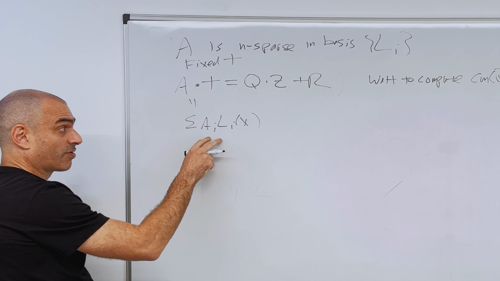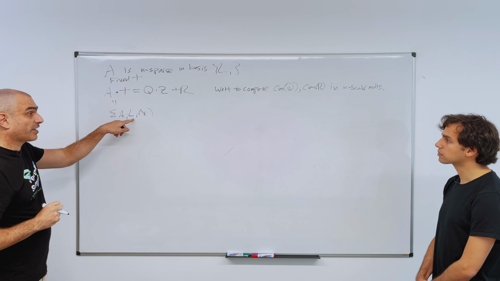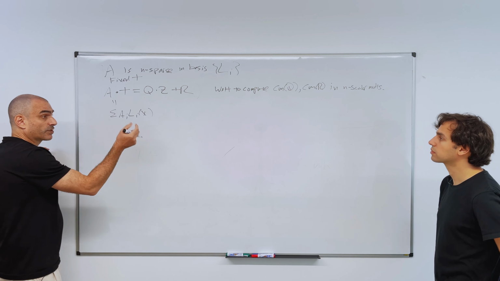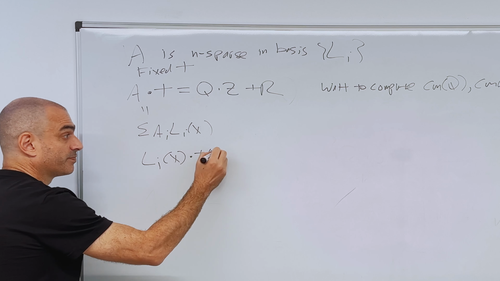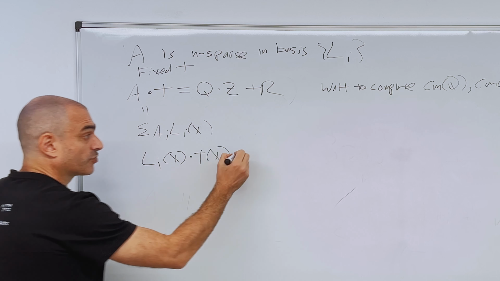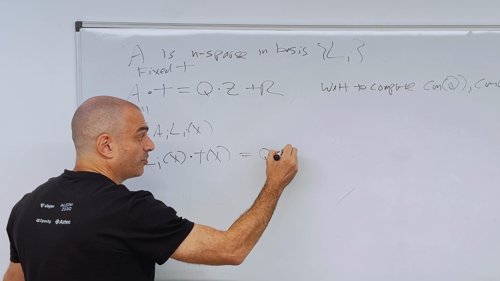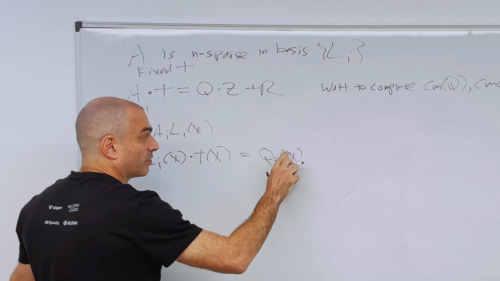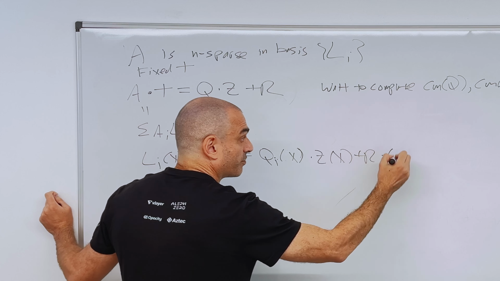Now let's pre-compute for each Li the division with remainder. For any Li, we can write Li(x) times t(x), and now divide with remainder. This is going to be some qi(x) times z plus some ri(x).